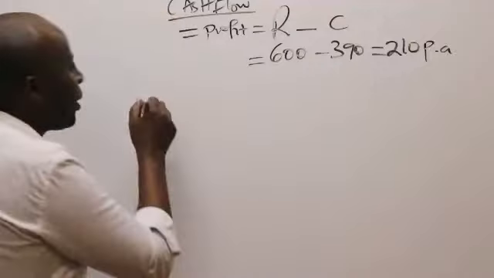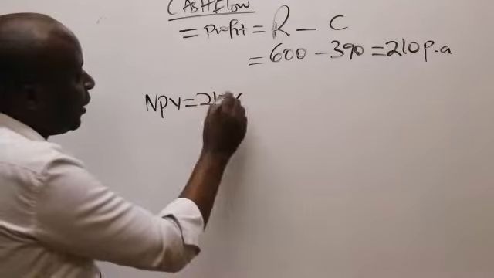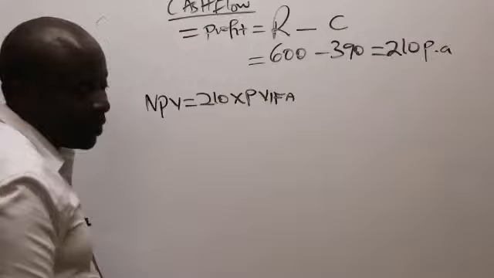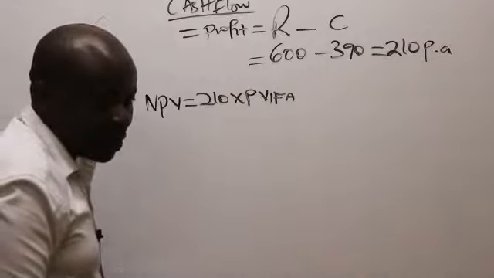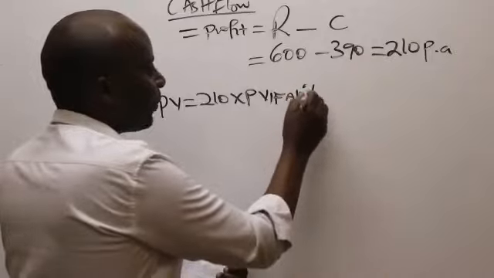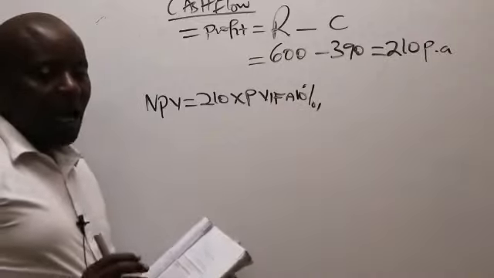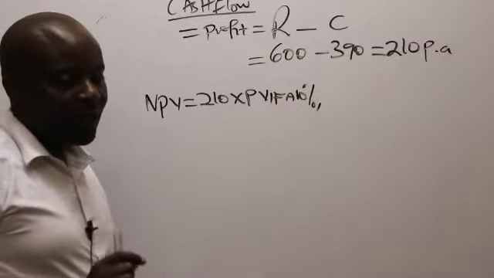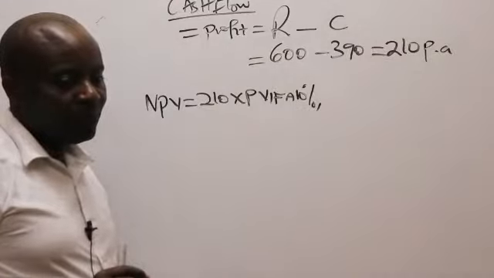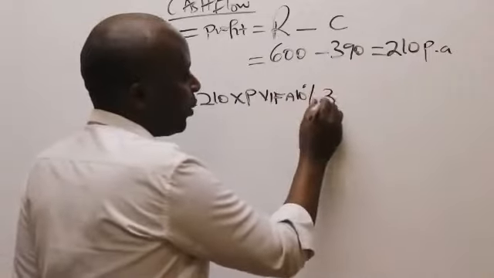And therefore, my net present value will be the 210 times PVFA. This has to be multiplied with the PVFA for discounting purposes. The cost of capital, they have told us, is 10%. How many years are we going to enjoy this 210? 3 years. So PVFA for 10%, 3 years.